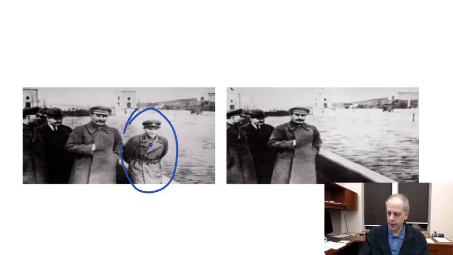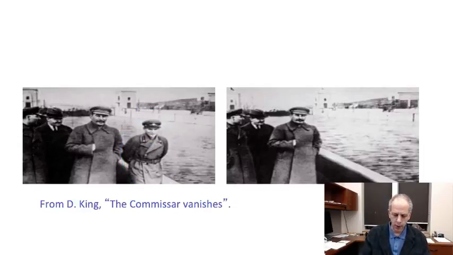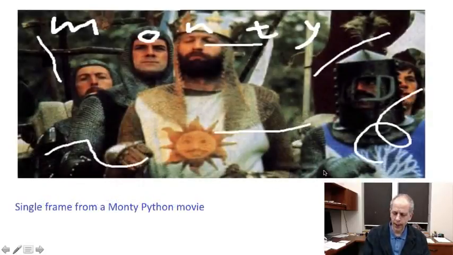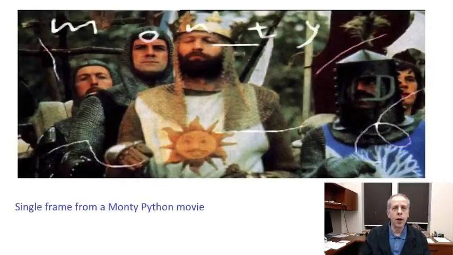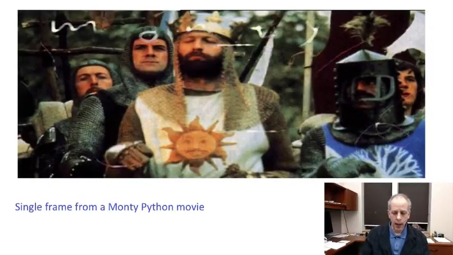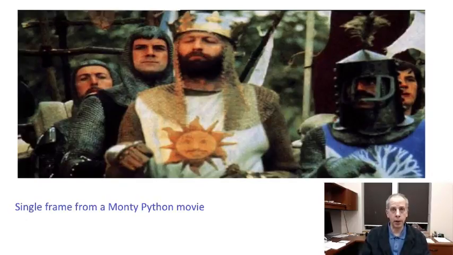Let's see other examples, because this is very exciting. And also there is a website, for which we provide the details on the class webpage, that provides a lot of examples like this. This is really a fun area. So here is a frame of a Monty Python movie. And as you see, the scratches are being made to disappear.